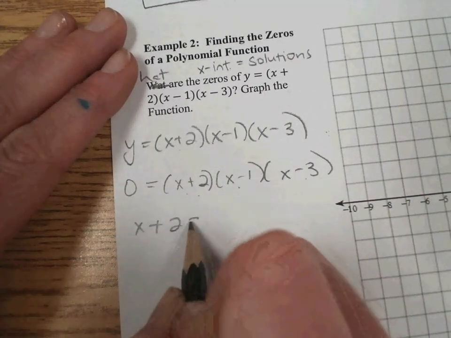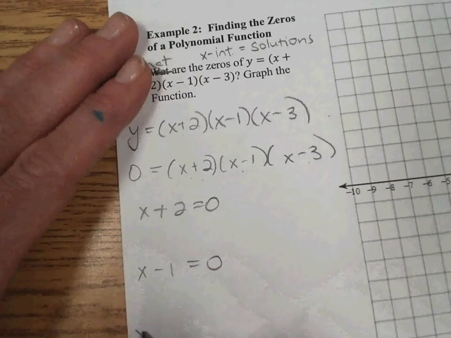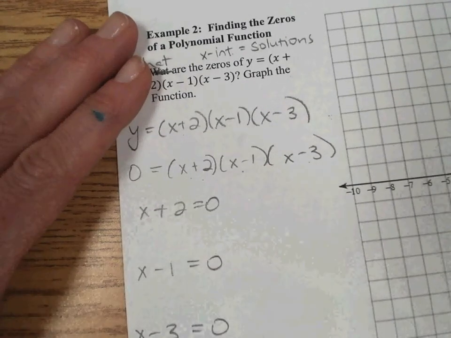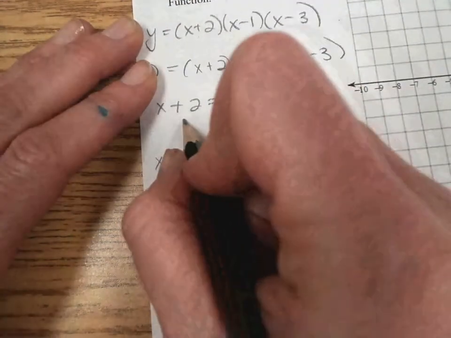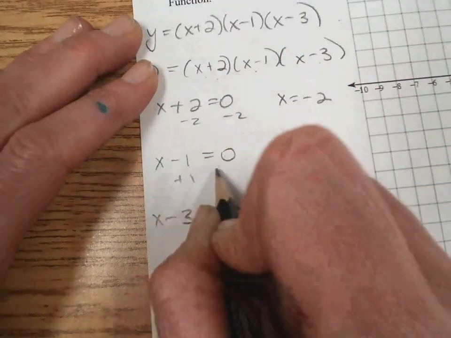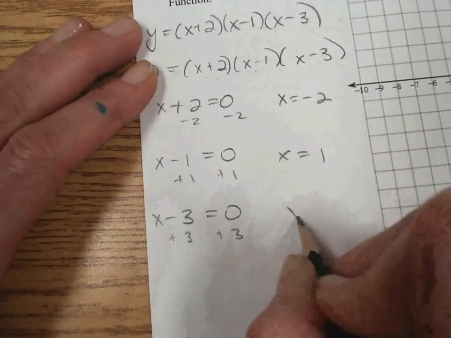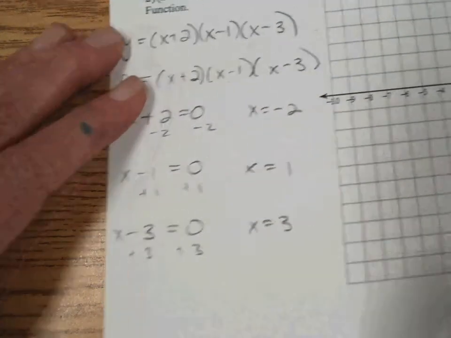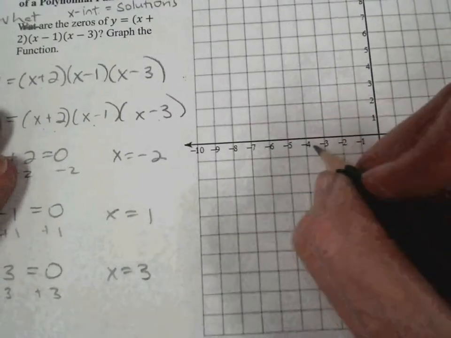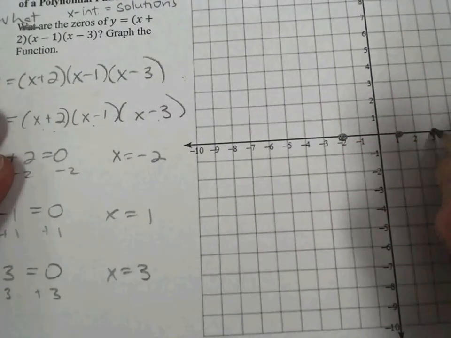So x plus 2 equals 0, x minus 1 equals 0, and x minus 3 equals 0. Subtracting 2 from both sides, we get x equals negative 2. Adding 1, we get x equals 1. And adding 3, we get x equals 3. So now we have our three x-intercepts: negative 2, 1, and 3.